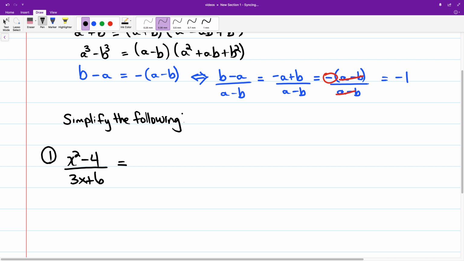So if I simplify this ratio, I can factor what I have in both the numerator and denominator. For x squared minus 4, I have the quantity of x plus 2 times that of x minus 2. So again, with x squared minus 4, I have a difference of squares. For 3x plus 6, the greatest common factor is going to be 3. And with factoring, we have 3 times the quantity of x plus 2. So I can have x plus 2 binomials to cancel. And so in the simplest form, we end up with x minus 2 all over 3.